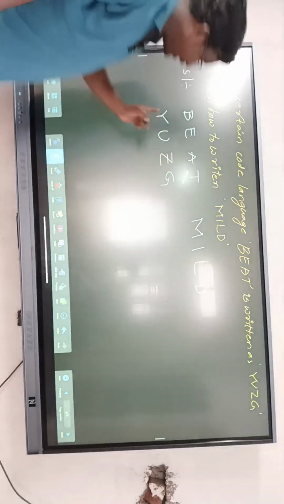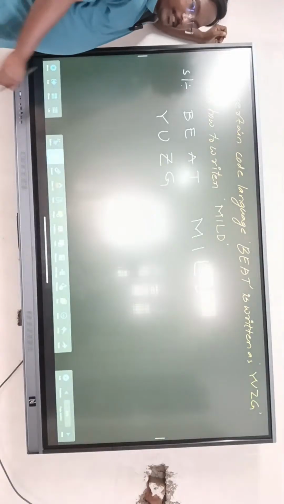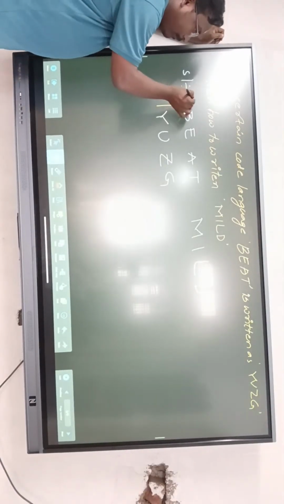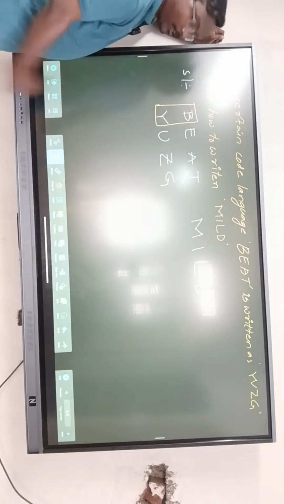Z. In the same way, B is opposite to what here? Y. Opposite pair.